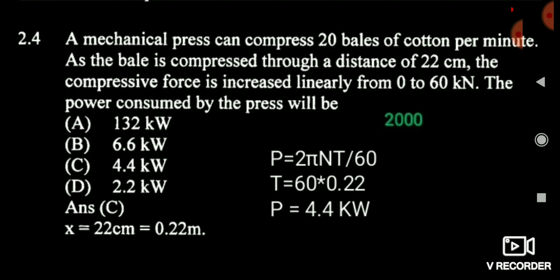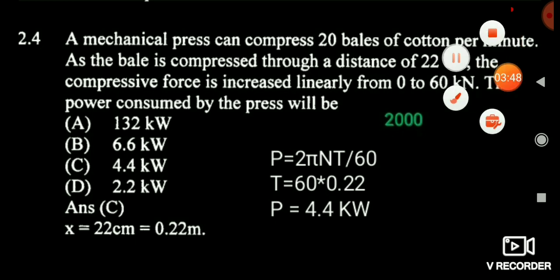Now friends, one more question, a very easy question. A mechanical press bales 20 bales of cotton per minute, and throws a distance of 22 centimeter, and the compressive force varies linearly from 0 to 60, and we need the power consumed.